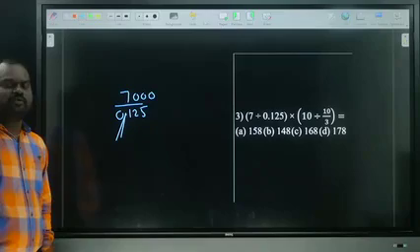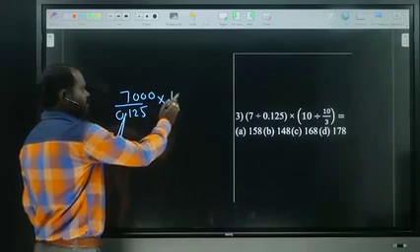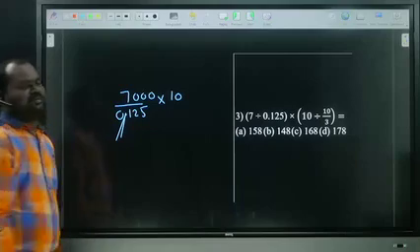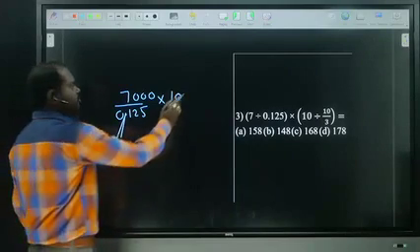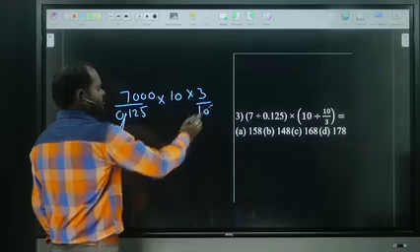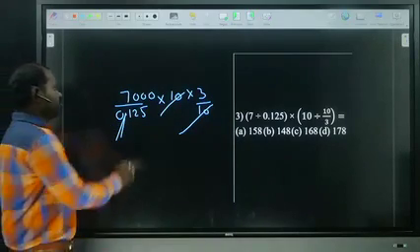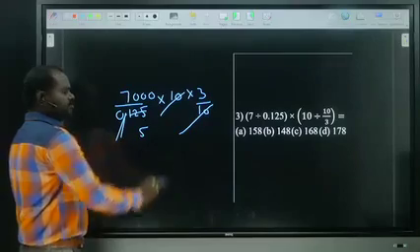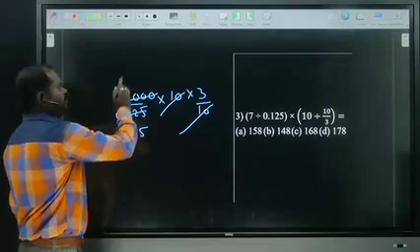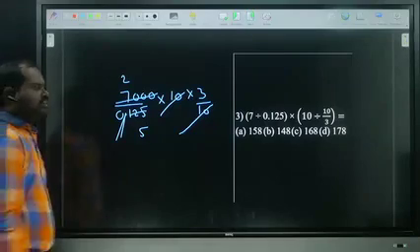So 3 zeros into 10 divided by 10 by 3. Divided by 10 by 3 can be written as into 3 by 10. 10 gets cancelled. Next, what will happen: 25 fives, 25 twos are 50, 200, 25 eights.